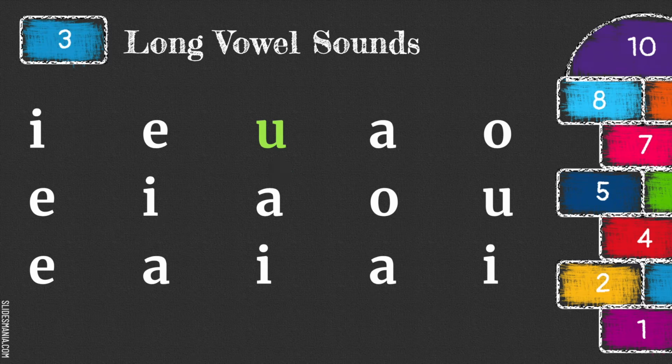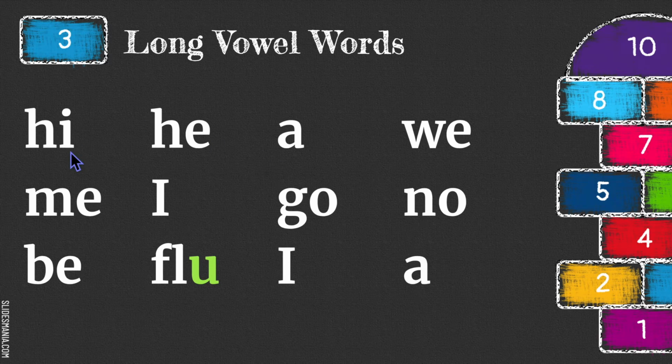Well, the sound U is very difficult to say after certain letters. So if it's hard to say it, switch to oo. Let's try some words. Now, all these words end in a vowel, and we are going to use the long vowel sound.